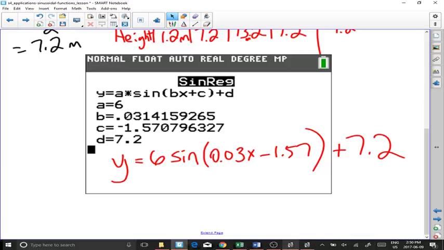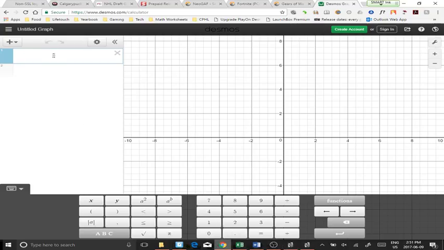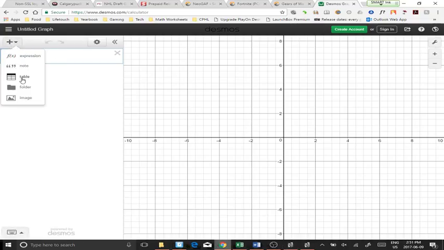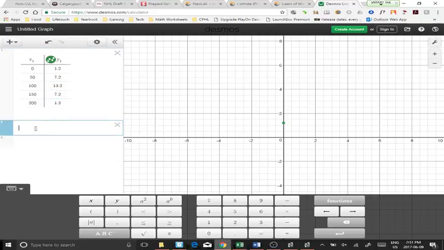Well, we go back to the graphing calculator, but actually first I'm going to go to Desmos because I want to show you why Desmos doesn't work sometimes for this. Just watch. It's a shame too because Desmos is awesome, because we can make the equation be what we want it to be.